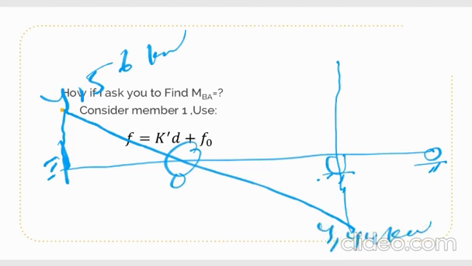4.44 kilonewton. Then go up, 7.13 kilonewton. And then how can we get these values?